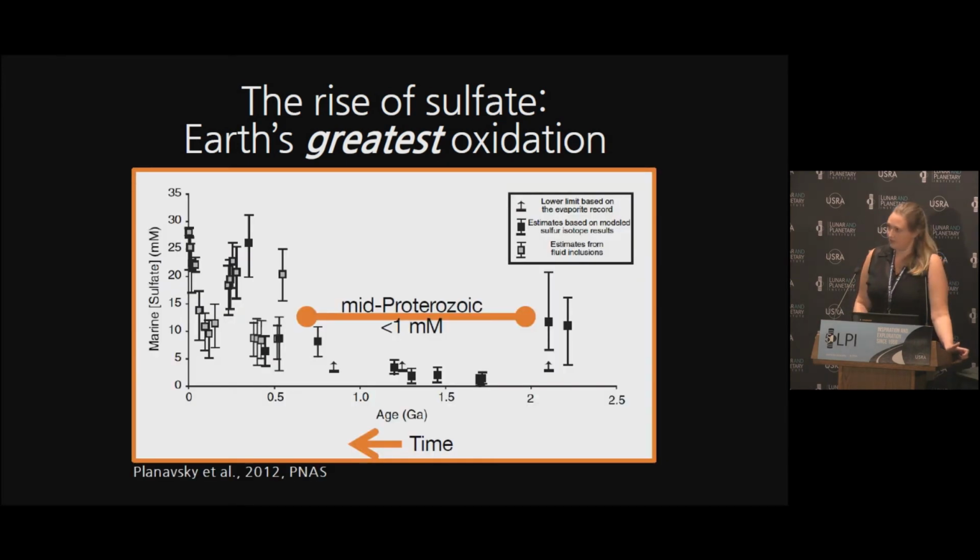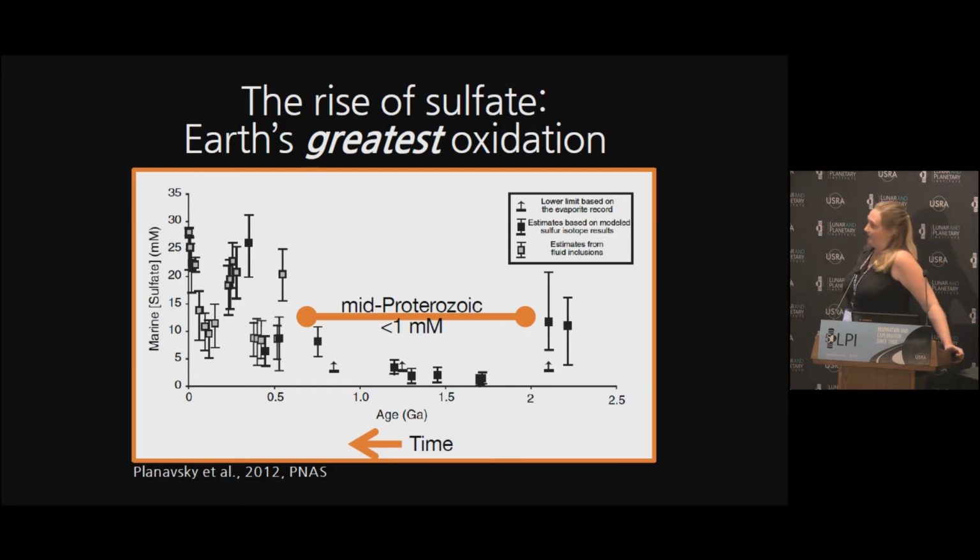So the history of sulfate in our ocean is not as well constrained as the history of oxygen in our atmosphere. This figure now shows sulfate on the y-axis against time. Note that the time axis is reversed from every other figure that I will show in this talk. You can blame Noah for that.